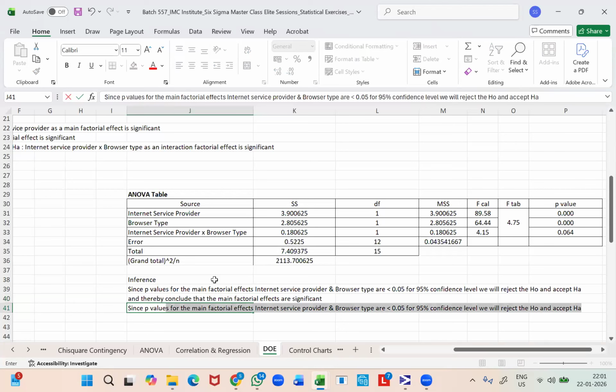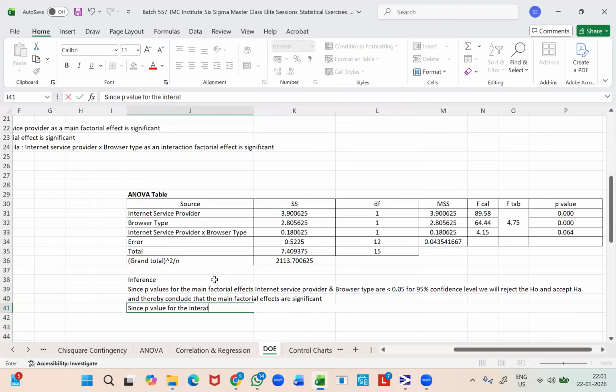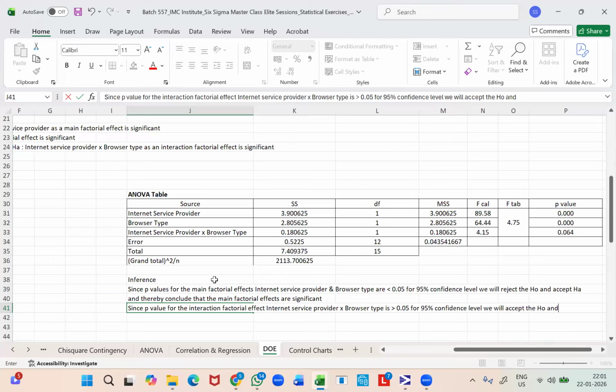So since the p-value for the interaction factorial effect, internet service provider into browser type, is greater than 0.05 for 95% confidence level, we will accept the null hypothesis and conclude that the interaction factorial effect is insignificant.